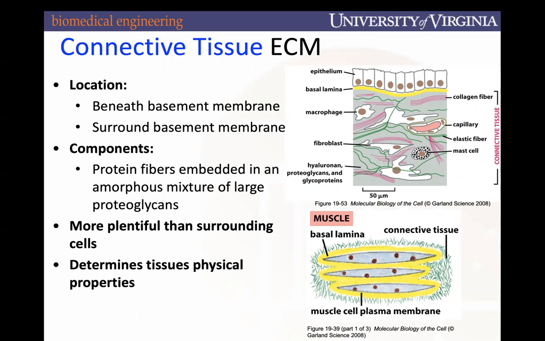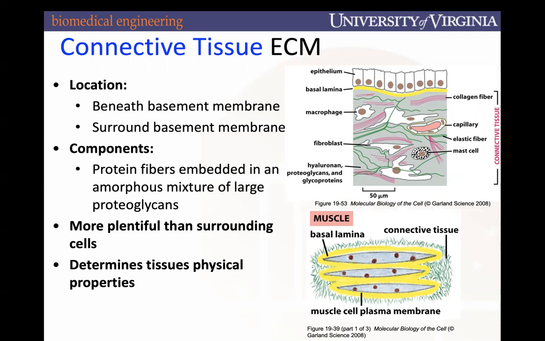For connective tissue, what we have is a few cells in a huge gelatinous structure of ECM proteins. And so it's typically beneath the basement membrane, or it can also be around the basement membrane. So in the case of muscle, where there's a basement membrane around cells, around that basement membrane is a gelatinous connective tissue ECM all around it.